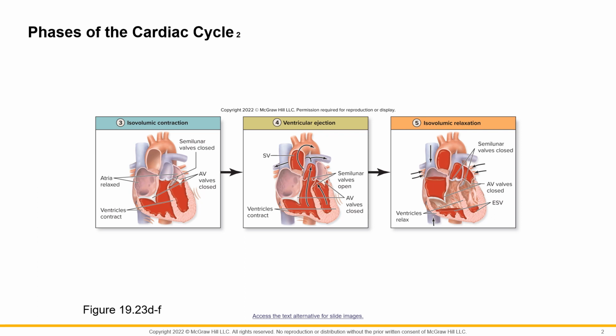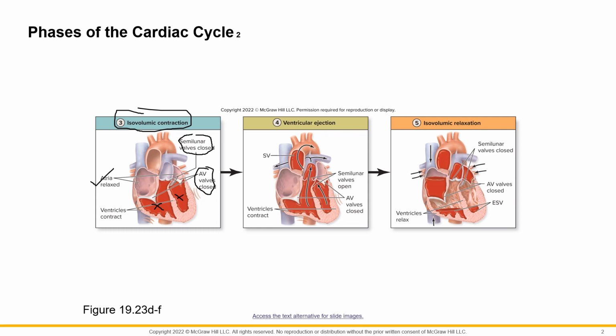So the next step that follows is known as isovolumic contraction. Now, in an isovolumic contraction, it is important to note that all four valves are in closed position. So your two semilunar valves, as well as the tricuspid and bicuspid valves, are closed. The atria are in diastole, so they are relaxed, and the ventricles are filled up with blood.